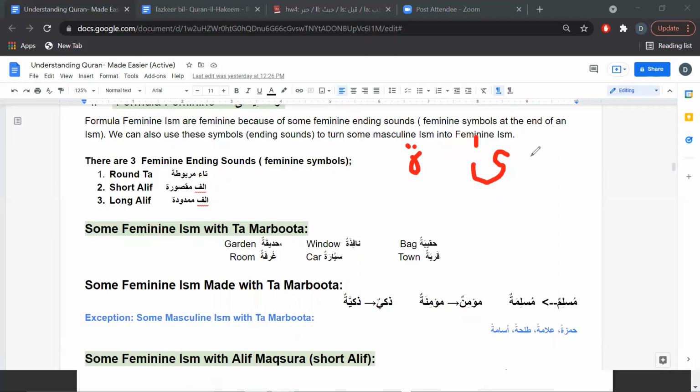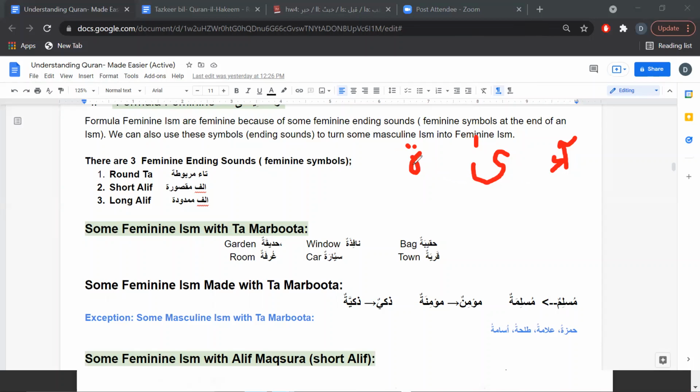And then long alif: you have mad and then hamza at the end, like safra'u, hamra'u, bayda'u, something like that. So these three endings tell you that this particular ism is feminine.